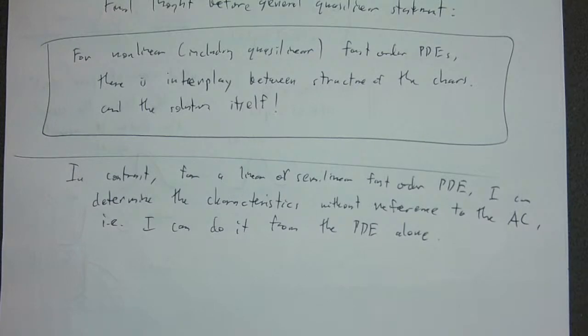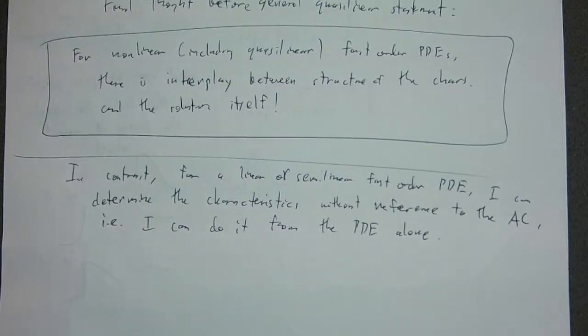Now you might say, wait, if I go back to those examples, clearly that g of x naught shows up in the solution. So what do you mean you can do it without the auxiliary condition? What I mean is that the particular choice of g doesn't influence what's going on with the characteristics. So g can remain completely arbitrary in that sense. Whereas we saw here, we very much couldn't, right?